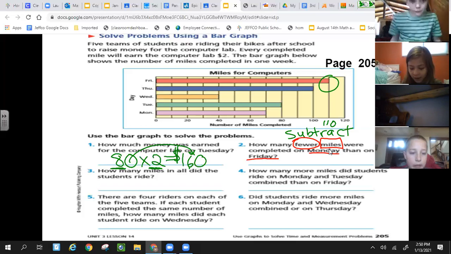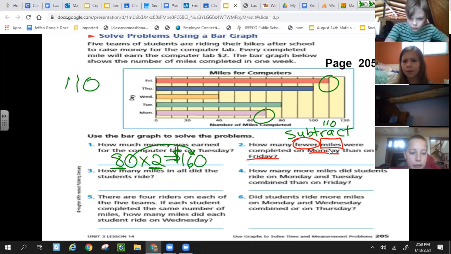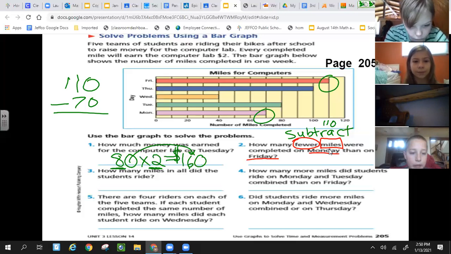Half of 20 is 10. And then we know that Monday only has 70. So I would take 110 and I'm going to subtract 70. Go ahead and see if you can figure that out. How many fewer miles were completed on Monday than on Friday? And Gavin, will you walk me through it?